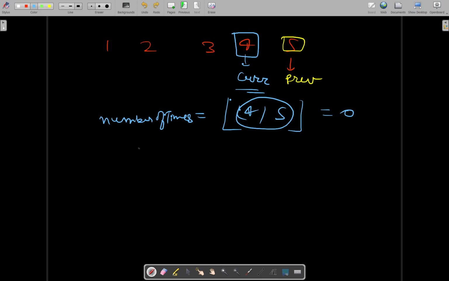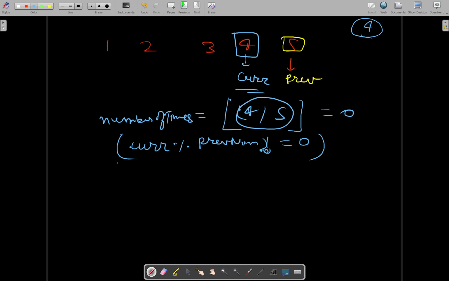So if it is 0, this is also the case that current number is not divisible by previous number, since it will give us remainder 4.